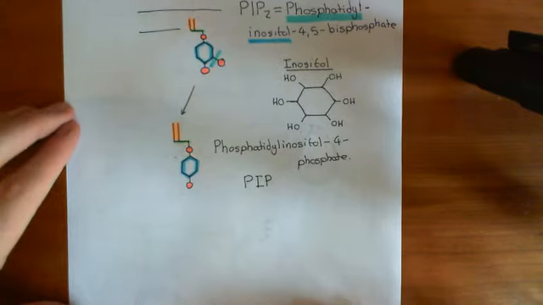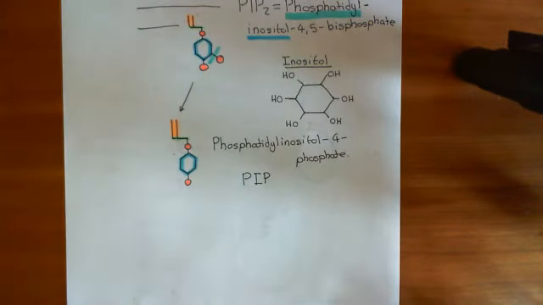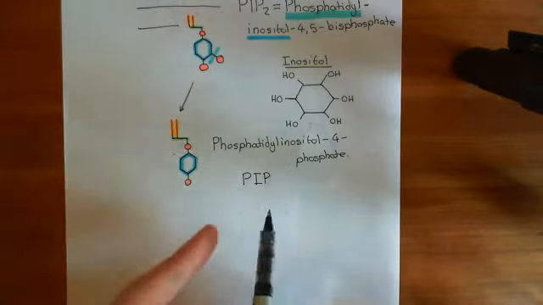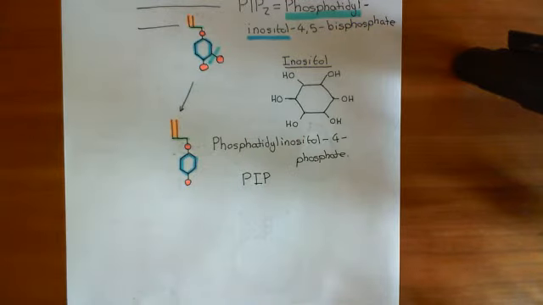Okay, so what happens is when we recruit this synaptojanin to our endocytic vesicle via it binding to the endophilin, synaptojanin is going to start breaking down the PIP2 into PIP.